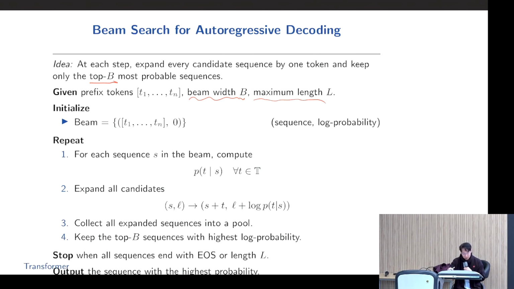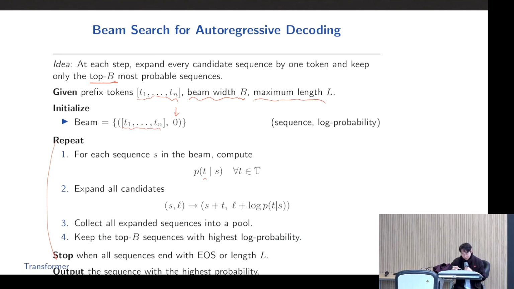So here's how it goes. You initialize a beam. These are previous tokens or prefix tokens. And the second number in the tuple is the log probability. And you repeat this process for each sequence in the beam. You compute the probability of the next token. And you expand all candidates.